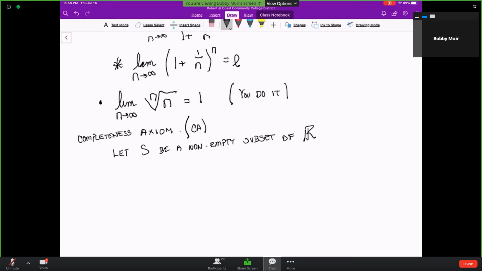If there exists a number B such that x is less than or equal to B for all x in S, then the set S has a least upper bound.